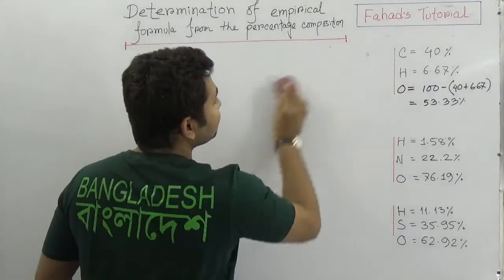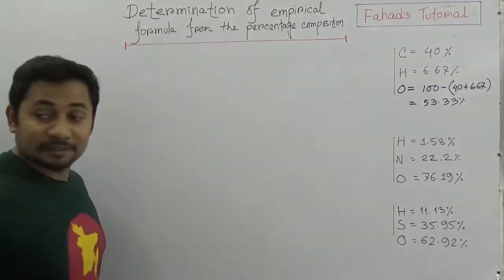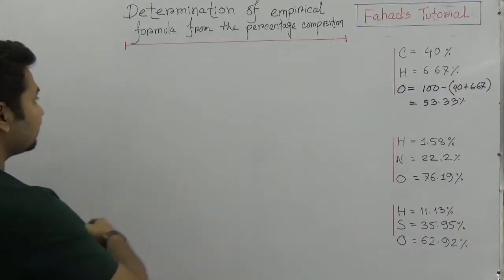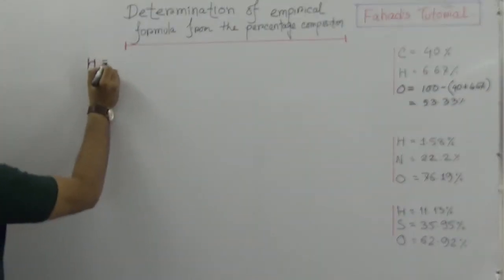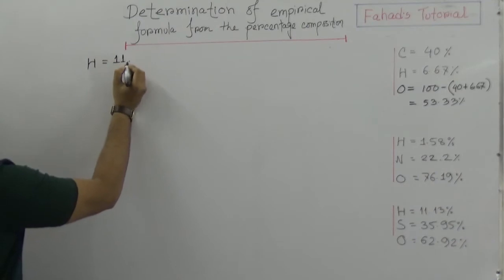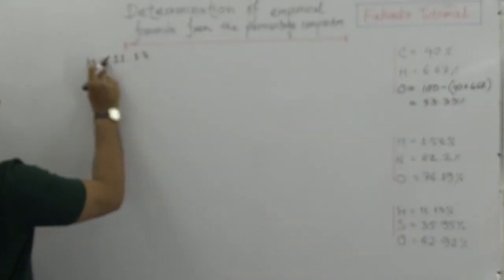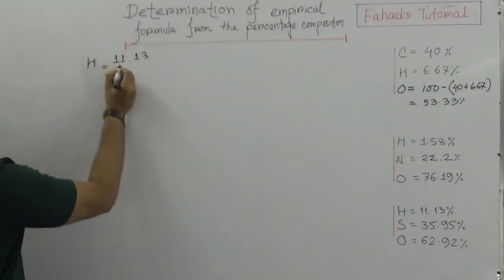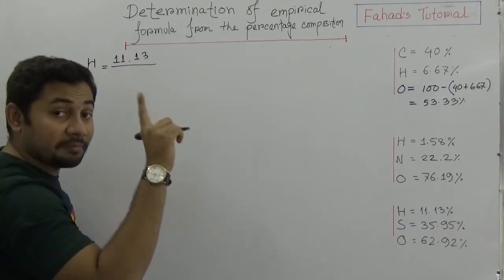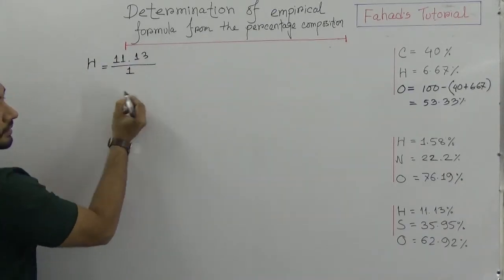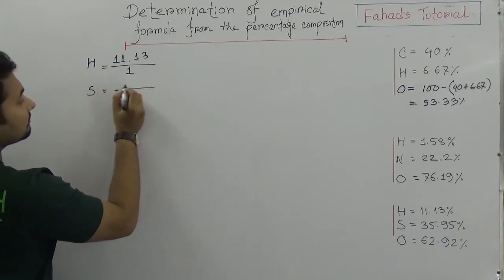Suppose in the third one, the percentage is given. Hydrogen is 11.13. So we need to divide it by the atomic mass of hydrogen, which is 1. In case of sulfur, 35.93 is given.